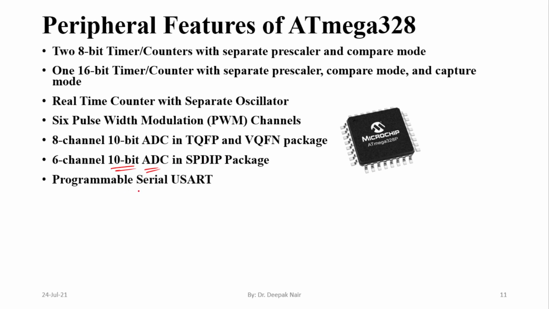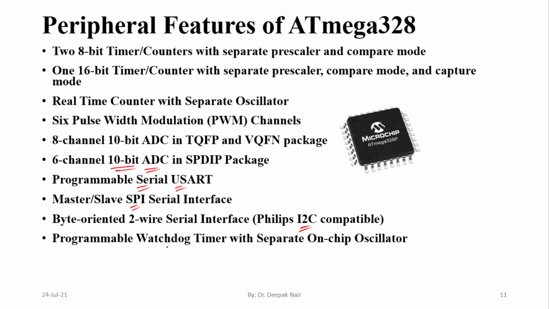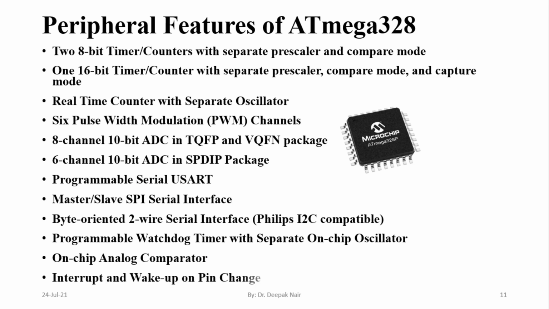There is a separate channel for serial communication. There is a separate SPI interface which is used for communication, and similarly there is one unit which allows you to access I2C communication protocol. We have our own separate watchdog timer in the Atmega 328, which is controlled by on-chip oscillator, and there is one on-chip analog comparator which can be used to compare two different voltages.